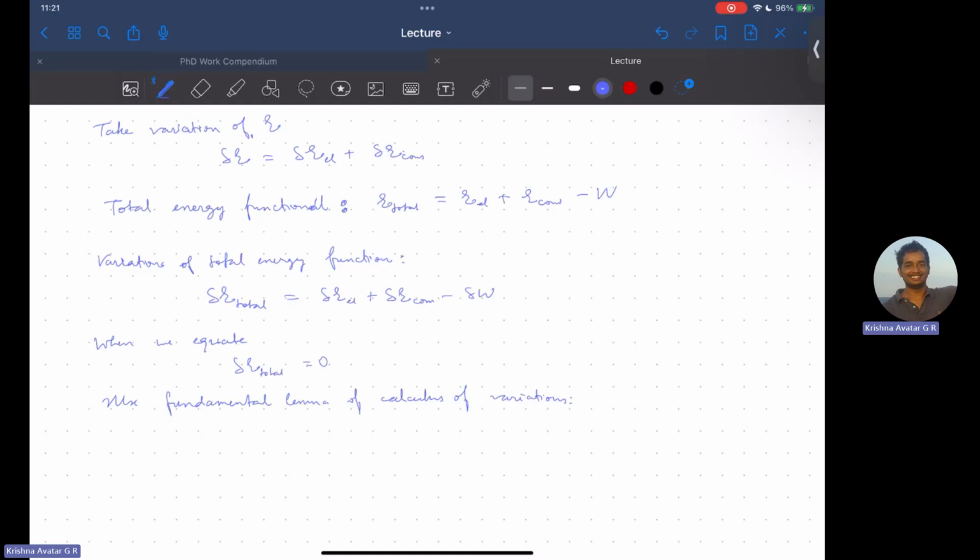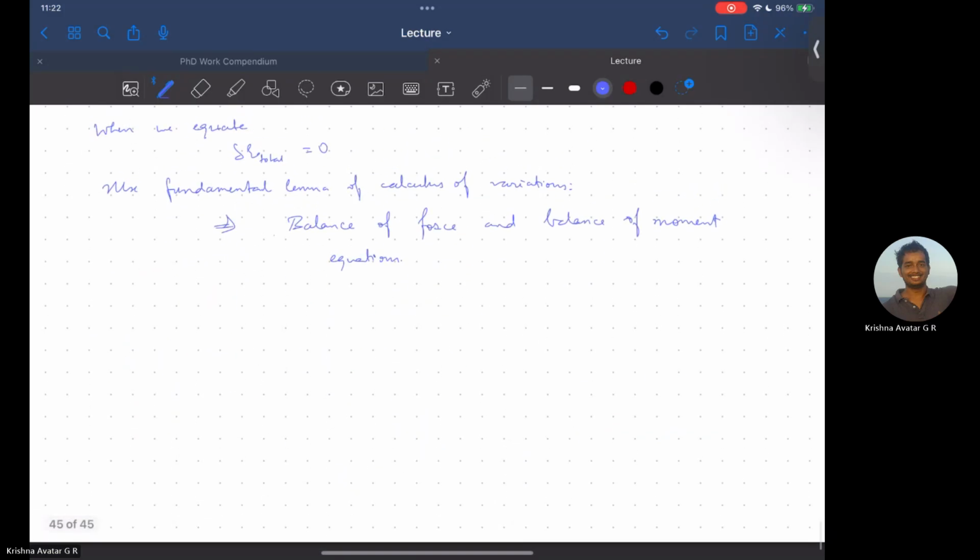Then we obtain the balance of force and balance of moment equations. Of course, we have skipped quite a bit here, but we'll follow it up with a future lecture and fully derive all these quantities.